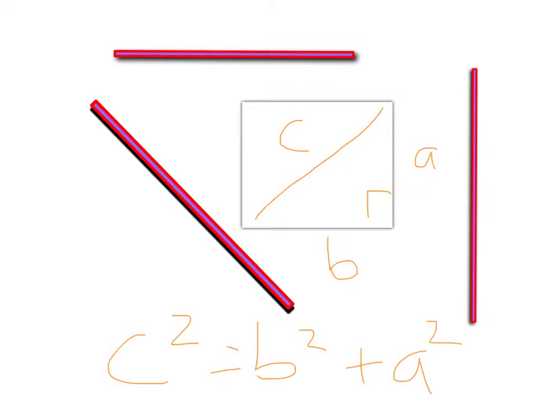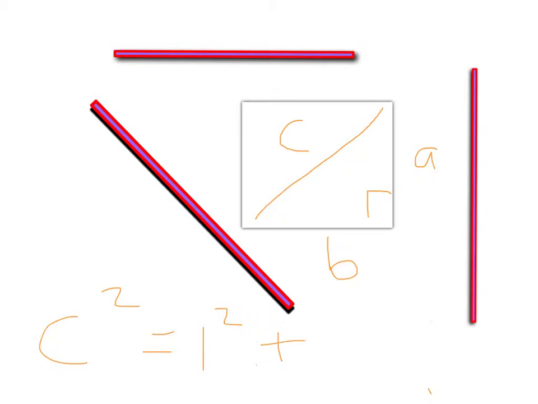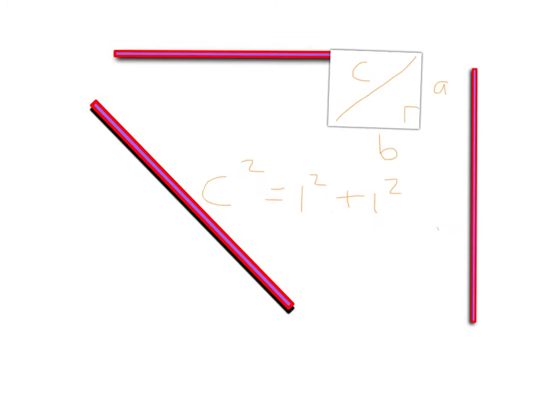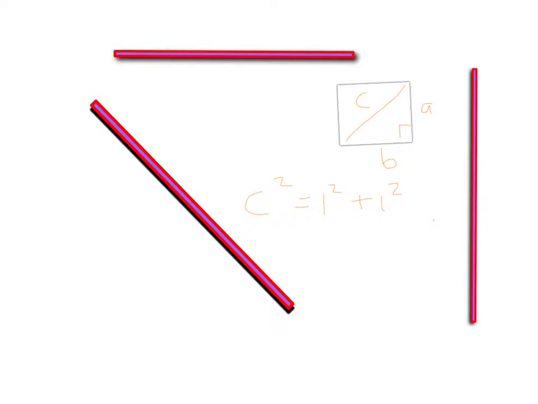If we work this out, C squared will equal 1 squared plus 1 squared, which is 1 plus 1, which is 2. So C will equal the square root of 2, which is not 1. It's about 1.3 or something like that. Anyway, let's move on.